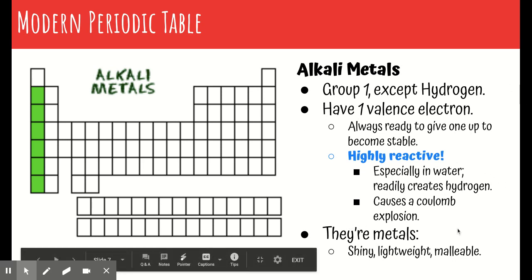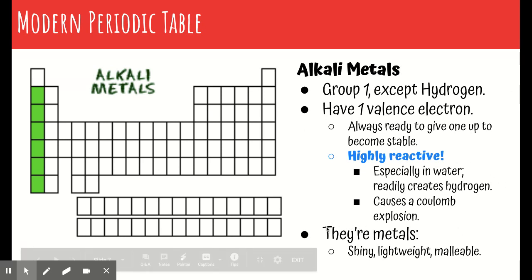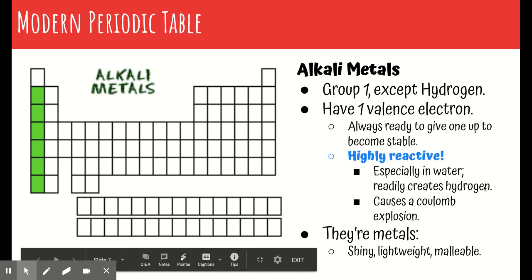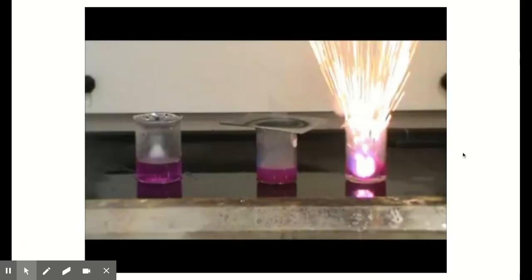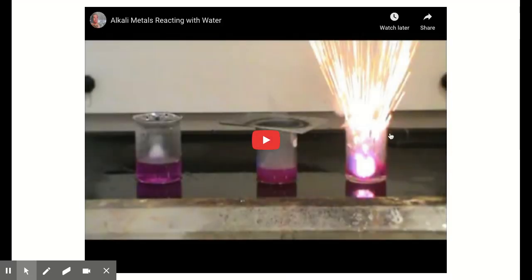So other physical properties we know about metals in general is that they're shiny, they're usually lightweight, they're malleable, which means you can cut them, shape them, all that good stuff. So this video, I'm going to pause and go through different pieces of it, but let me turn this up a little. So this is showing 3 different alkali metals.